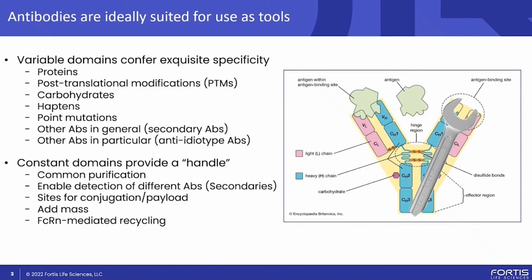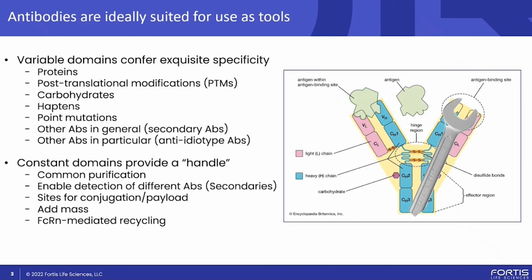And then you have the constant domain of the antibodies, which constitute the handle, if you will. They provide a means for purification of many different antibodies using common methods, such as protein A or protein G affinity purification. They enable the detection of different antibodies, so it's possible to tell the difference between a rabbit antibody and a goat antibody, for example, based on those different constant domains between those species.